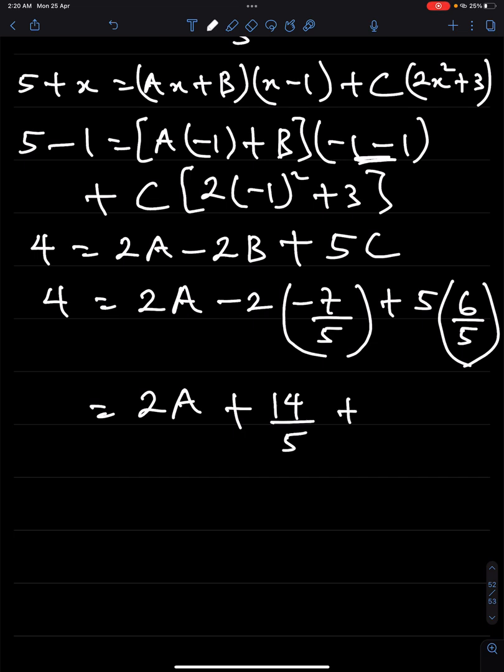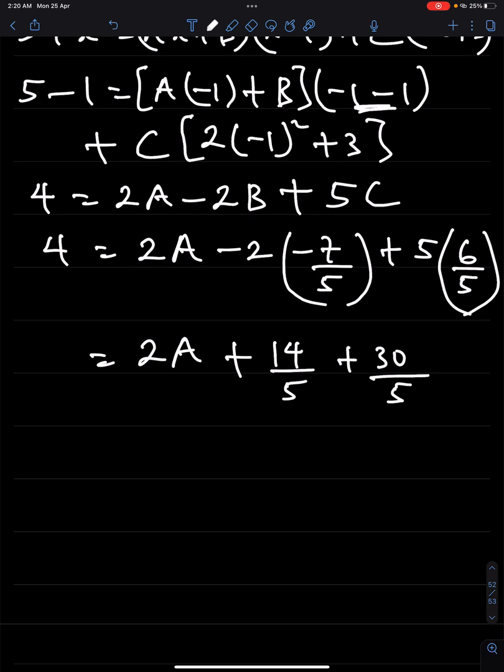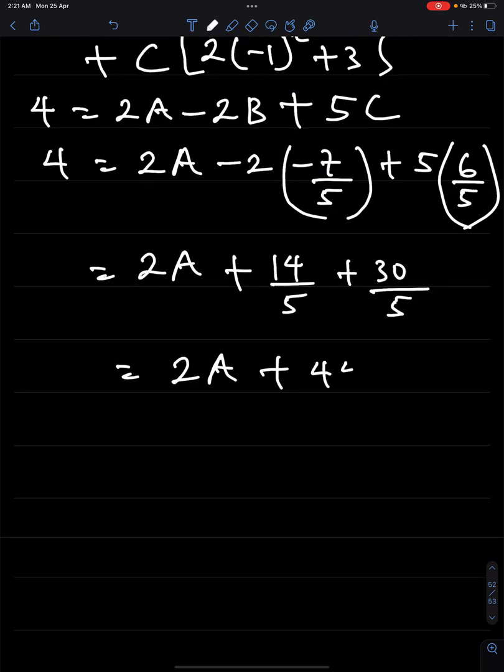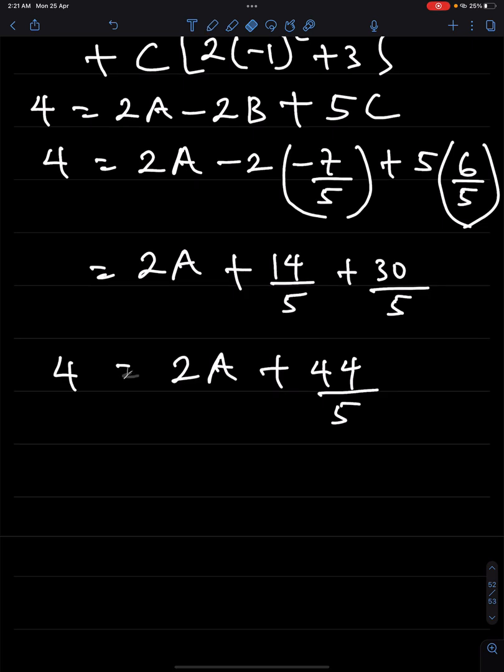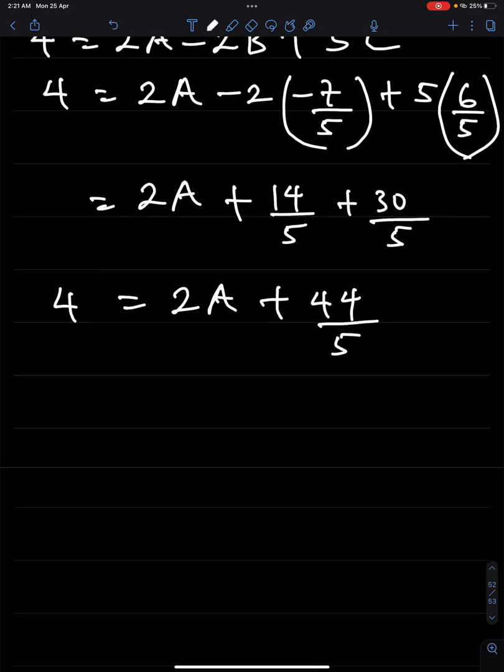I want to make the denominator 5, so that's plus 30 over 5, so I can easily add the two fractions. That's equal to 2a plus 44 over 5. So that simply means 4 equals 2a plus 44 over 5.